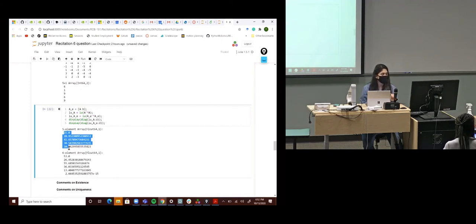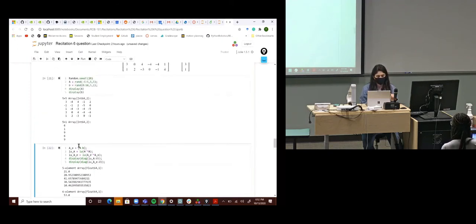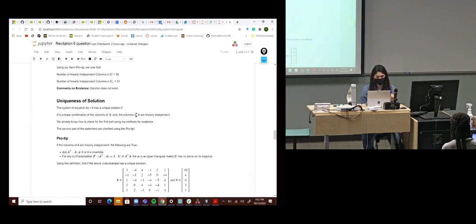So that means, empirically, using the protip, the columns of A are linearly independent using this formulation.